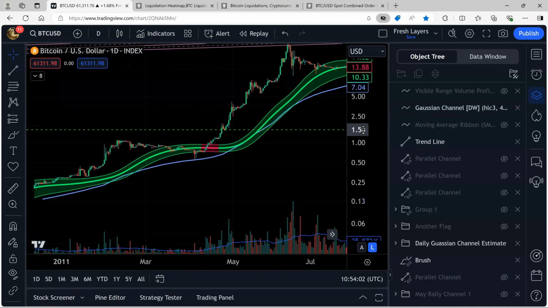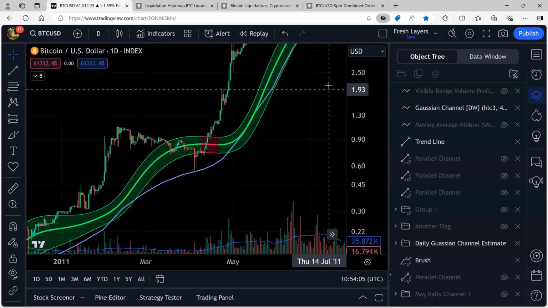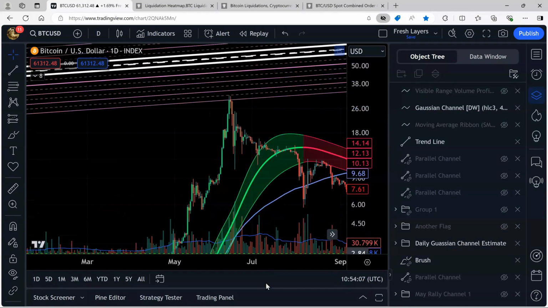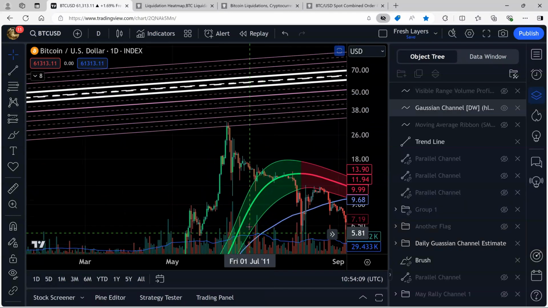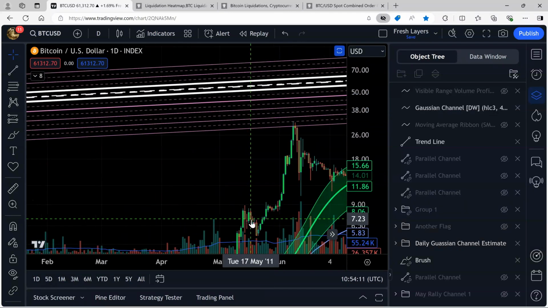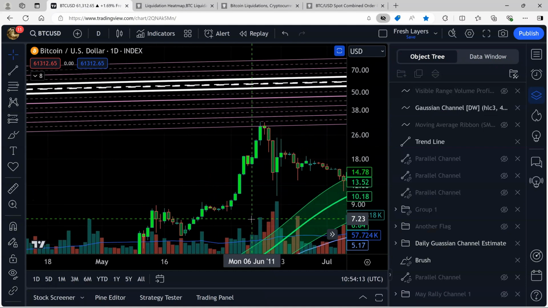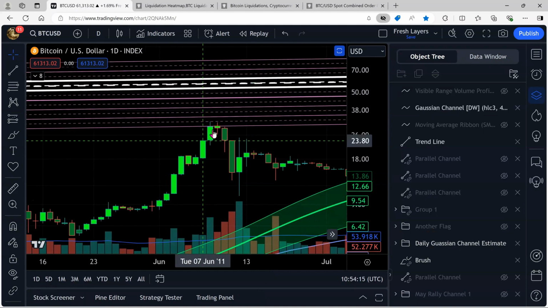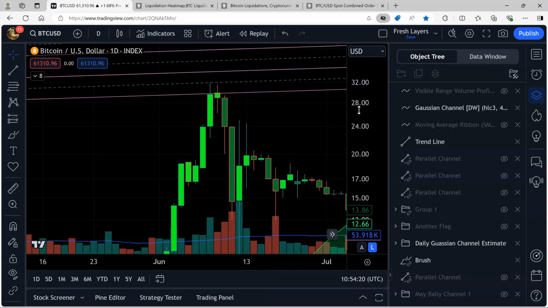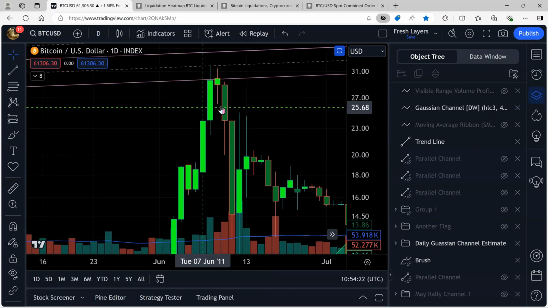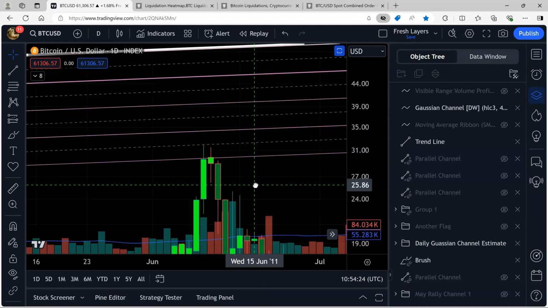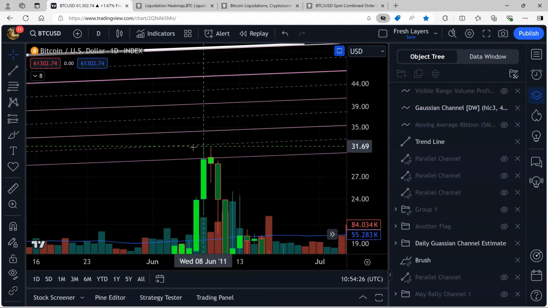And you can see that in this group of channels, the center line of the bottom channel is where we have these contact points at the very first Bitcoin high in 2011. That's where that channel, well, it's not anchored on there.